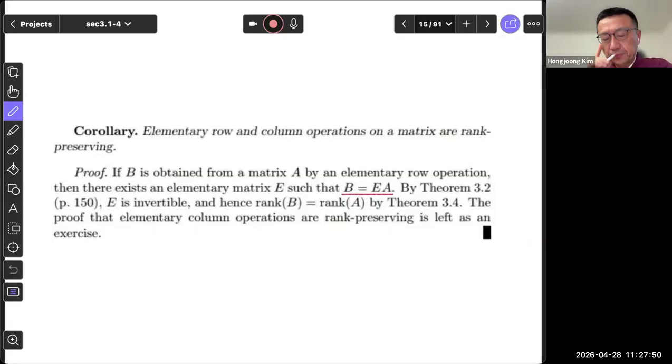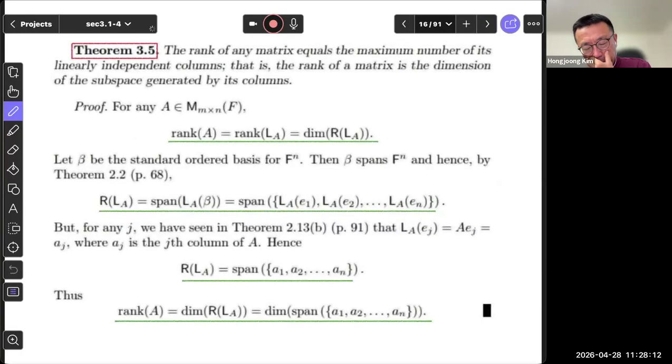So as I said, elementary matrices are invertible. So if you perform elementary row or column operations on a certain matrix, the rank is not changed. That's what I already mentioned. Now, theorem 3.5, which we already mentioned, what is this?